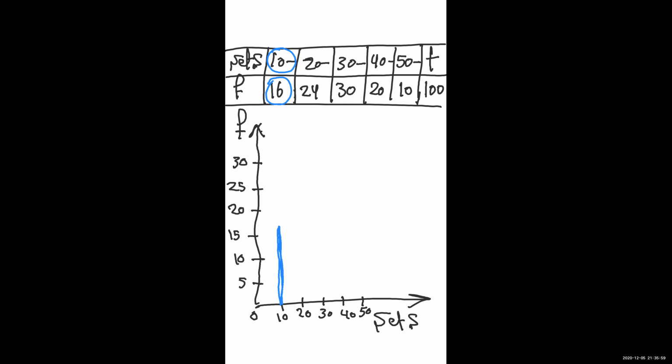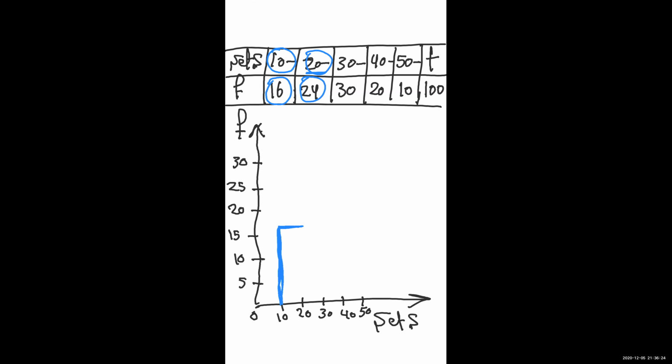And then it will be till the second set, which is 20. So I'm going to draw it like this, till 20. Okay, guys, are we clear? Yes, Mister. Okay, then the next one, 20 and 24.